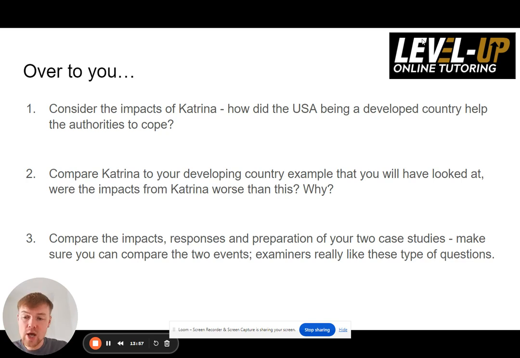So it's a really good thing. Maybe create a couple of flashcards so that you can easily compare one example to the other and know how preparation, response, impact influenced what happened overall. How did development impact death toll, homelessness, social, economic, environmental impacts, etc.?